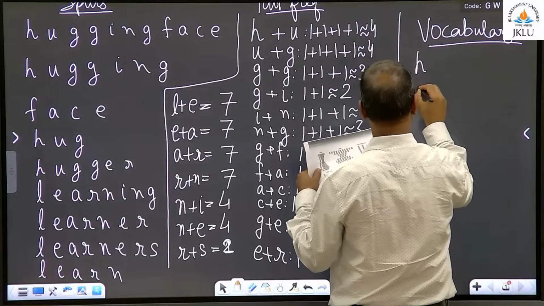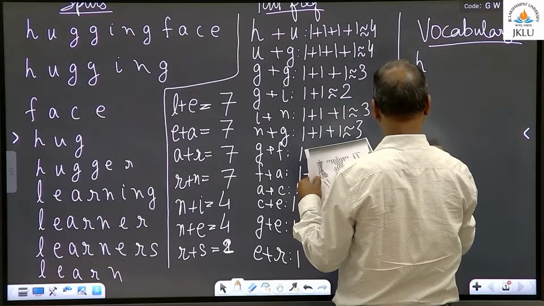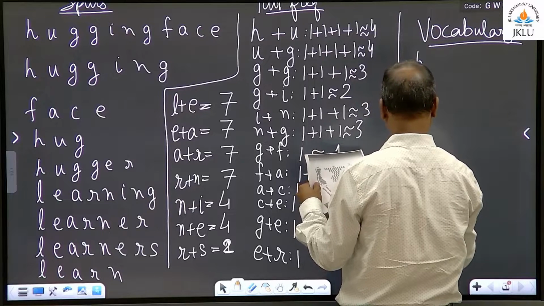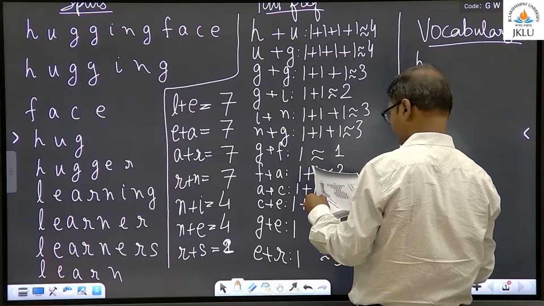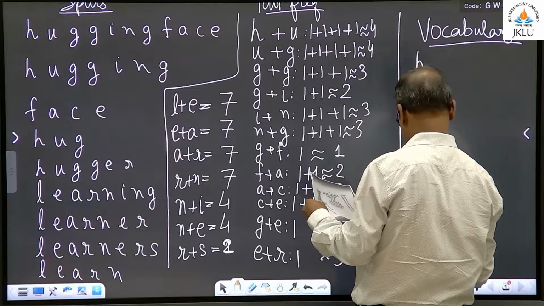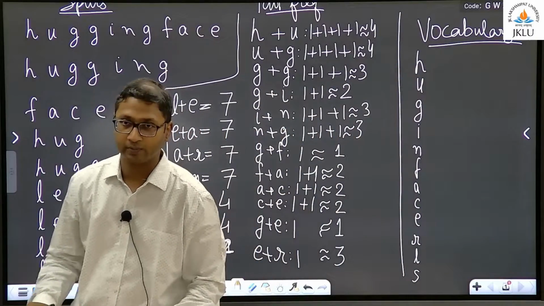H, U, G, I, N, F, A, C, E, R, L, S. So this is my initial vocabulary.